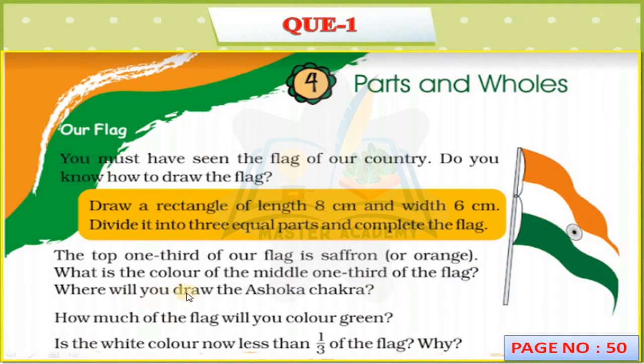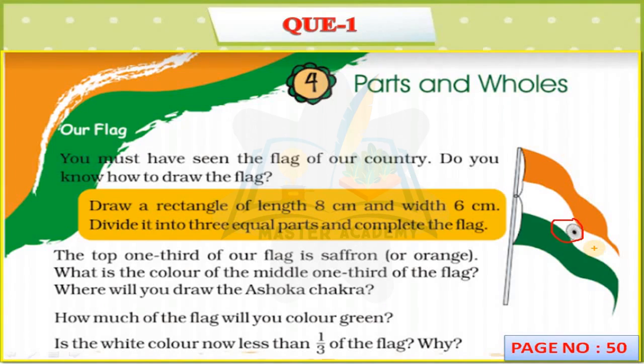And where will you draw the Ashoka Chakra? The Ashoka Chakra will be drawn on the middle of the white color, which I have drawn here. Ashoka Chakra is drawn on the middle of white color in our national flag.